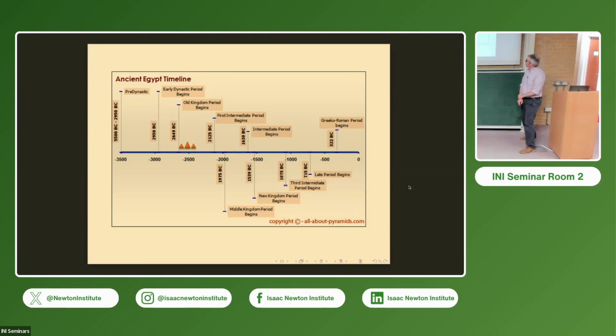Broadly speaking, the main part of ancient Egyptian history is divided into the three kingdoms: Old Kingdom, Middle Kingdom, New Kingdom. The pyramids are from the early Old Kingdom, and in the Old Kingdom we have scattered evidence of numeration and bits and pieces, but nothing very substantial by way of evidence of mathematics.